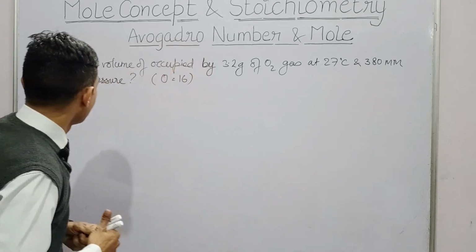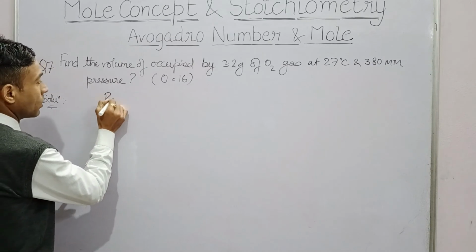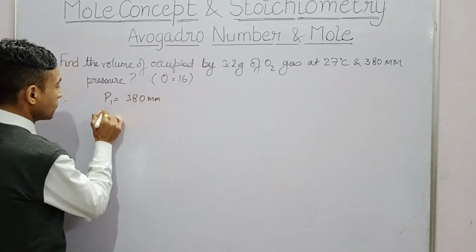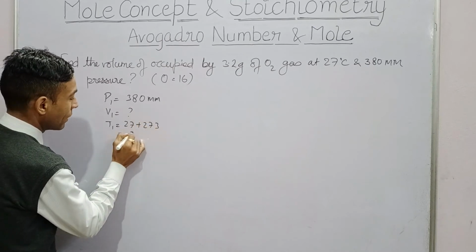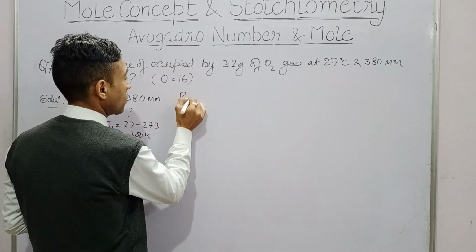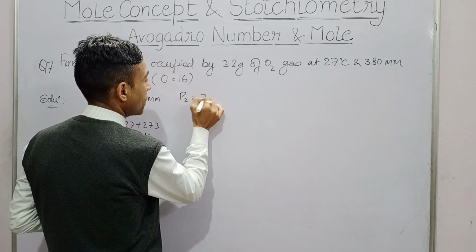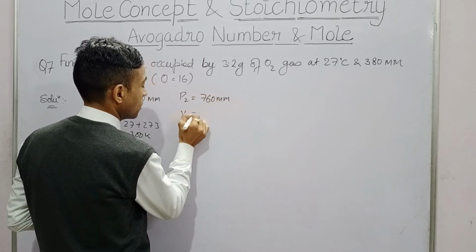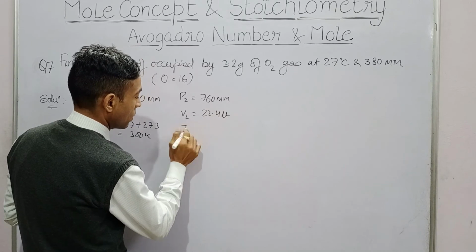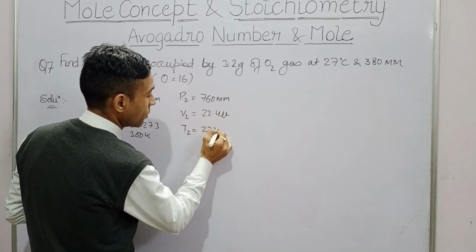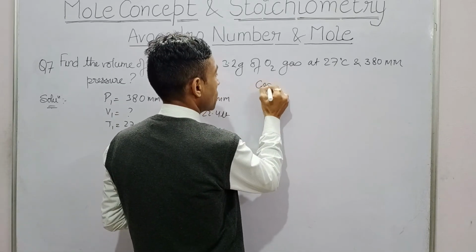Now let's write the given values. We will convert this into Kelvin. Pressure at STP, volume at STP, temperature at STP. Let's apply gas equation.